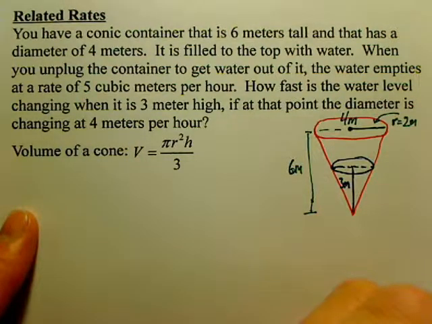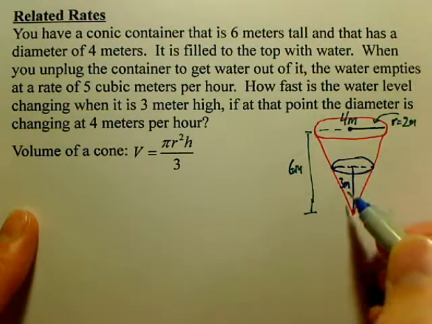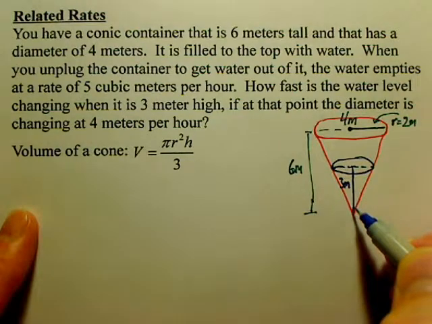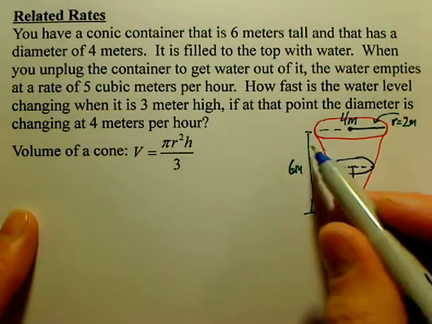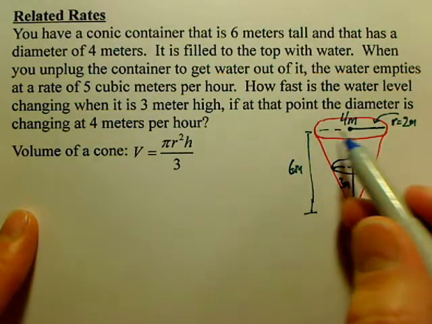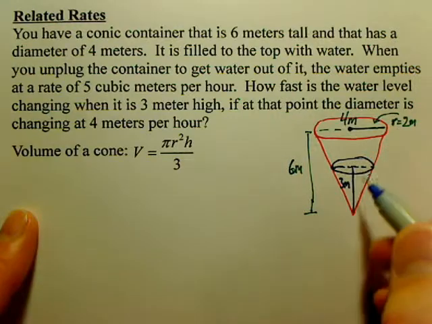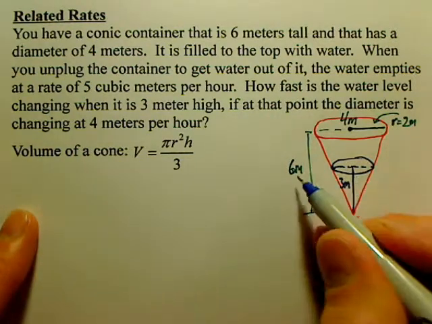All right, real quick. What would that radius be? If this is 3 meters high, and this is 6 meters high, and this is 4 meters across, isn't this cone half the height of this one?